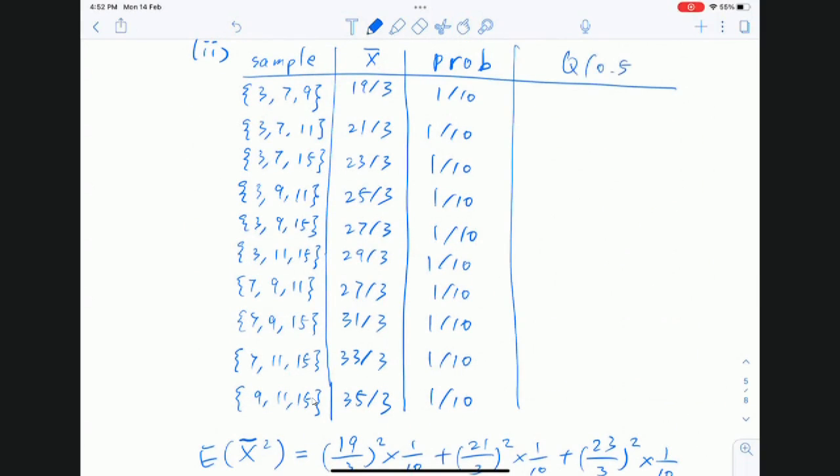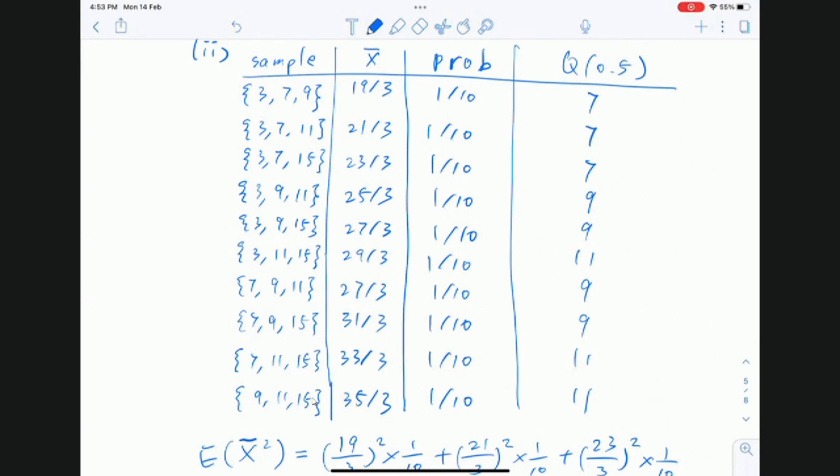We denote the sample median as Q.5 because the sample median is the 0.5 quantile. So the median will be just the number at the center. The median of this sample is 7. The median of this sample is also 7. Then 7, 9, 9, 11, 9, 9, 11, and 11. So these are the sample medians.